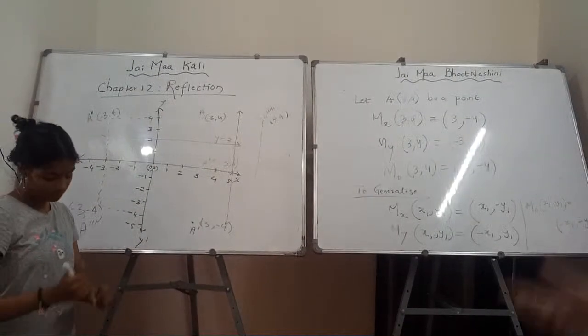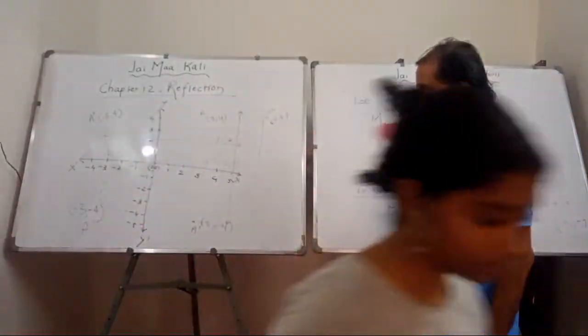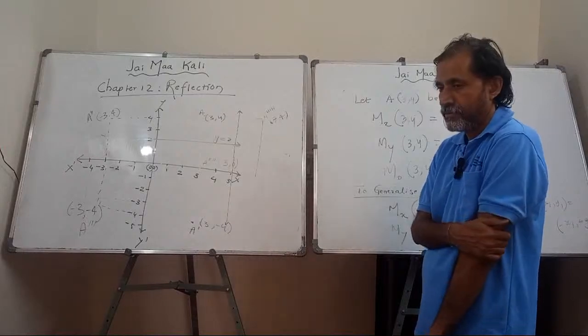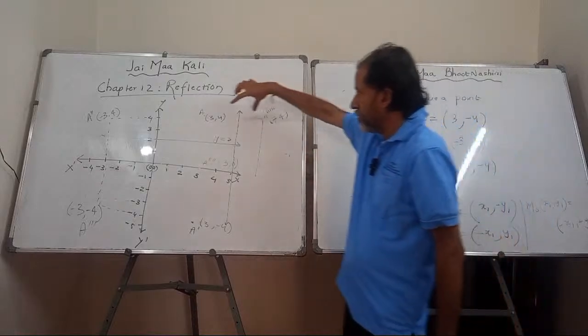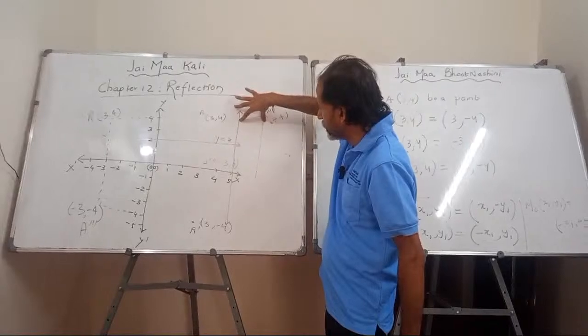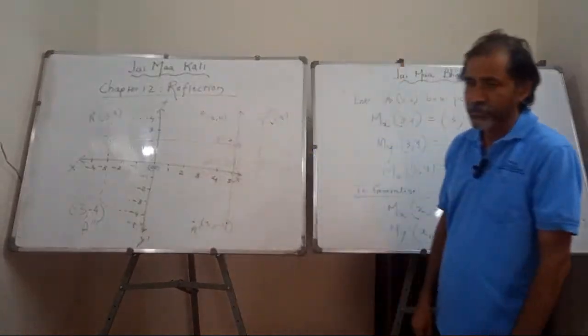Yes. This is 5. This is 3. 2 units here, so take 2 units here. 5 becomes 7. And same y, so 7 comma 4.